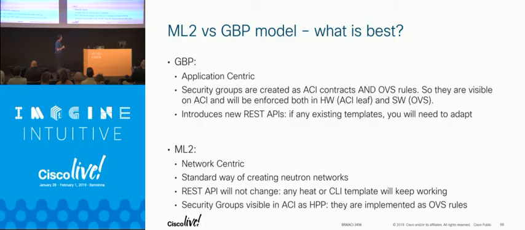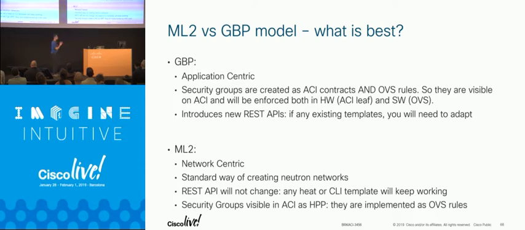Now, the challenge of GBP is that if you are already using the RESTful API to program your OpenStack, it may be a bit challenging to change your paradigm. You need to change the API that you're using to program your OpenStack cluster.